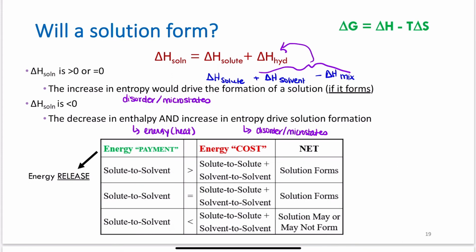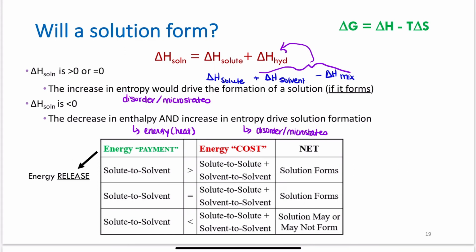And overall, the energy payment compared to the energy cost and the net. How much did I pay? How much did it cost me? And what's the net answer here? So the solute to solvent payment is the energy released. How much energy is released when those solute-solvent interactions were formed?